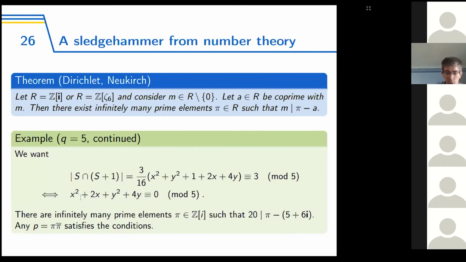So that's this 0, 1 solution that I just told you, mod 5. And I know now that mod 20, there will be an infinite number of prime elements in the Gaussian integers, which are indeed equal to 5 plus 6i mod 20.